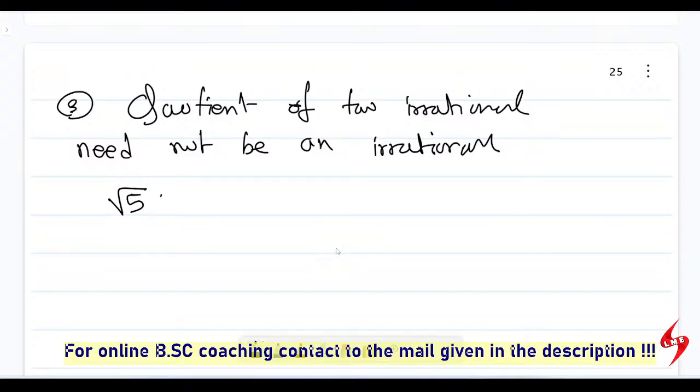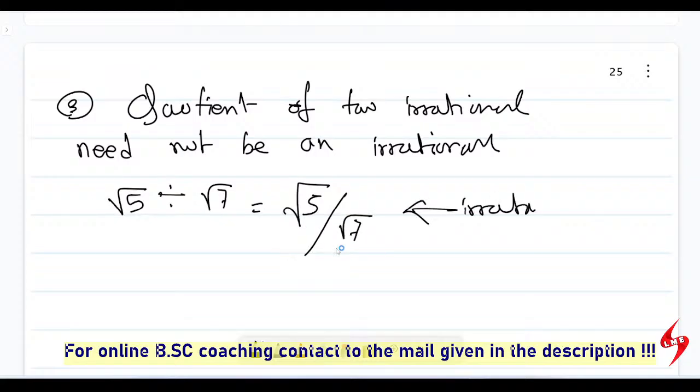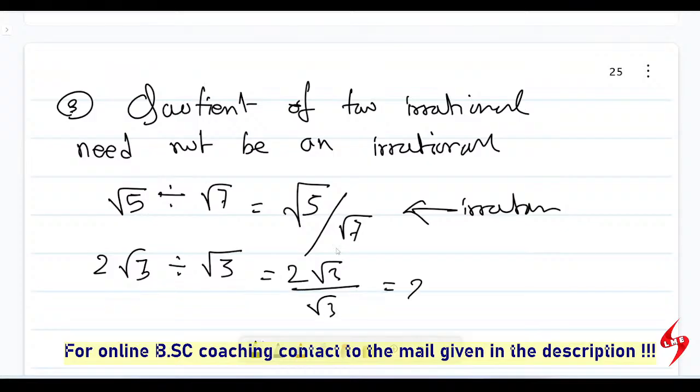Like root over 5 by root over 7, it is irrational. Like 2 root 3 divided by root over 3 equals 2 root 3 by root over 3, that will be 2. It is rational. The quotient is rational.